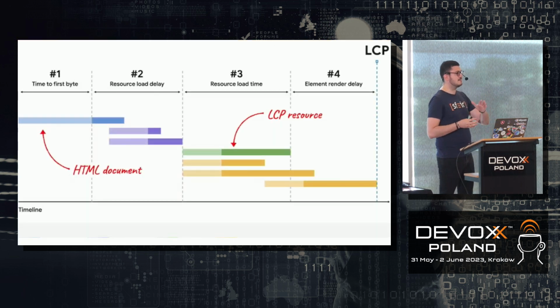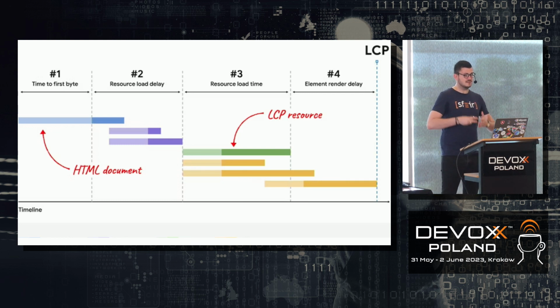So if we apply this split on the previous schema, we obtain this schema. So first, we have the time to first byte. The time to first byte is the time it takes the browser to retrieve the first bytes of your initial HTML document. The resource load delay represents the time it takes the browser to download all the HTML file, parse the initial HTML document, and download all the style sheets.